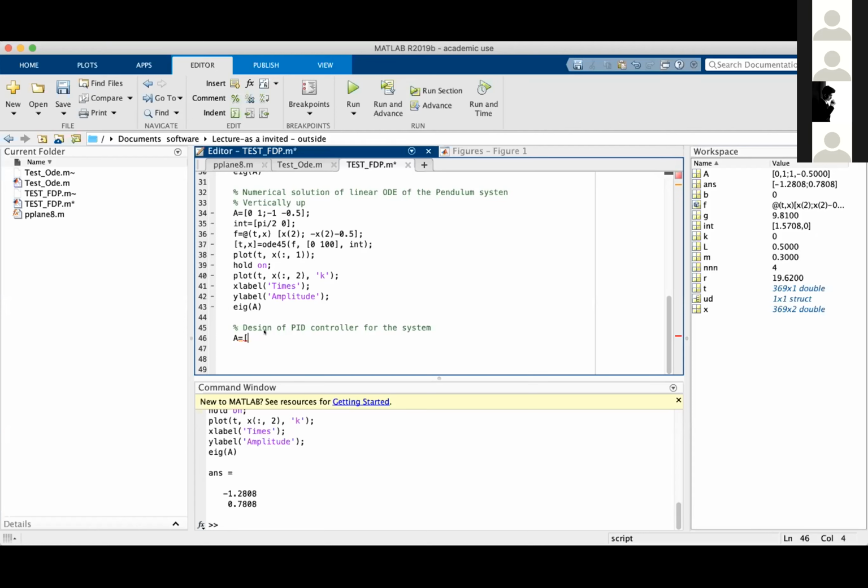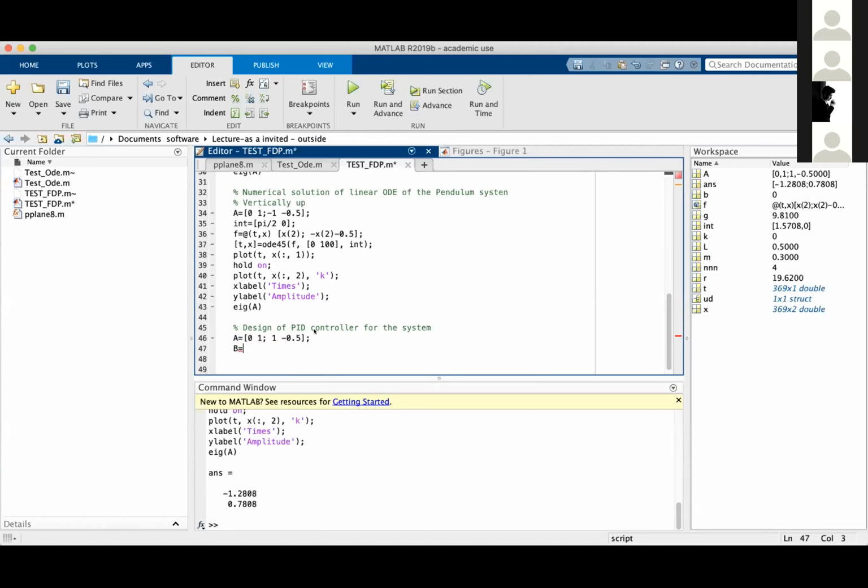So A equal to 0, 1, minus 1. No, minus 1 is vertically down. So 0, 1 and 1, minus 0.5. 0.5 is fine.